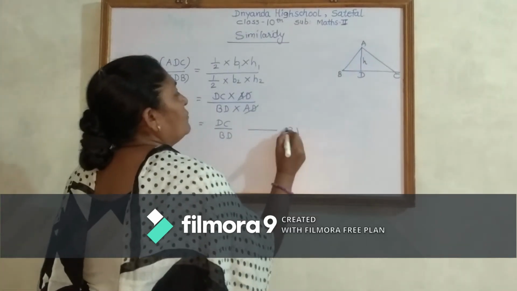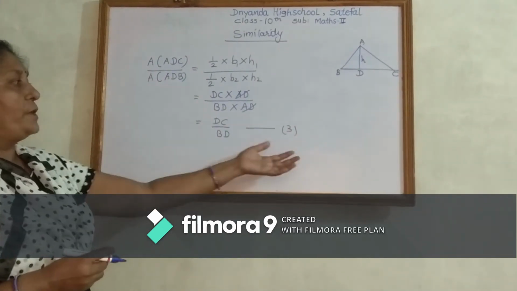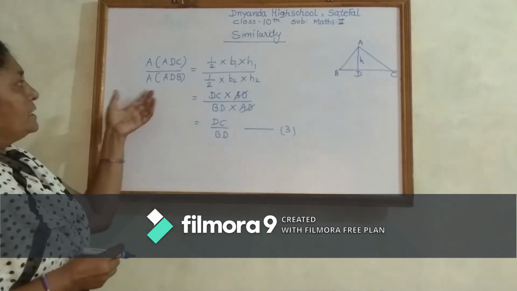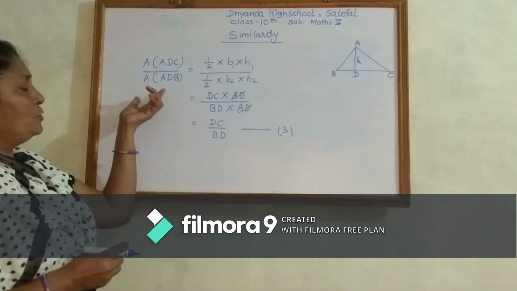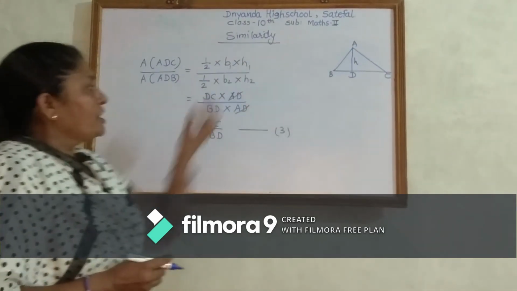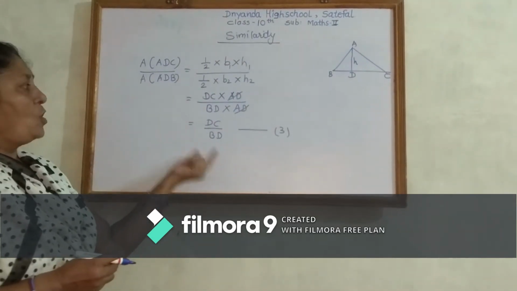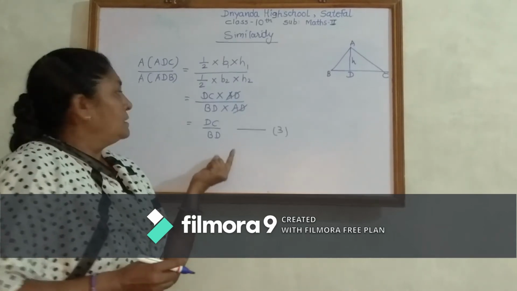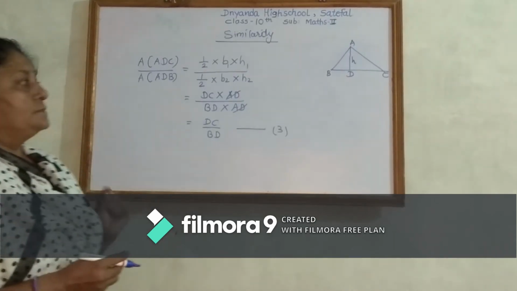This is the third property: the ratio of areas of two triangles with the same height is equal to the ratio of their corresponding bases.